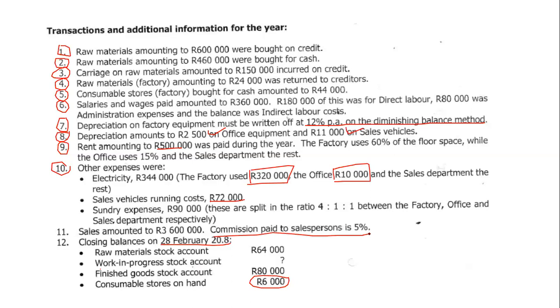But then you missed the sundry expense one. Okay, let's start with that. What are we going to do? To find the factory overhead sundry expense, we say 90,000 times 4 over 6. And where does that go? Factory overheads. And then what else are we going to have?